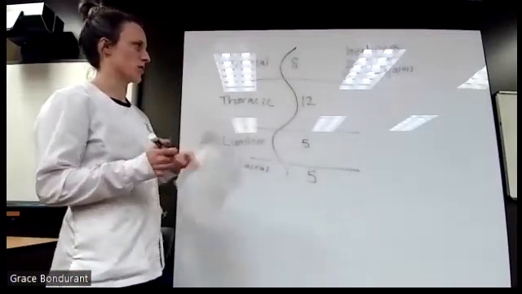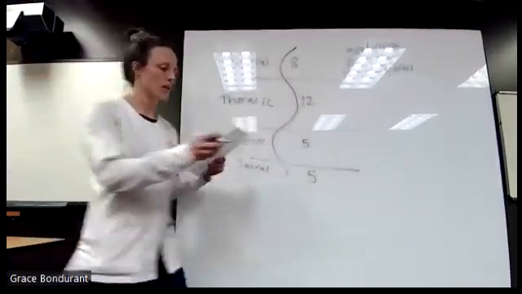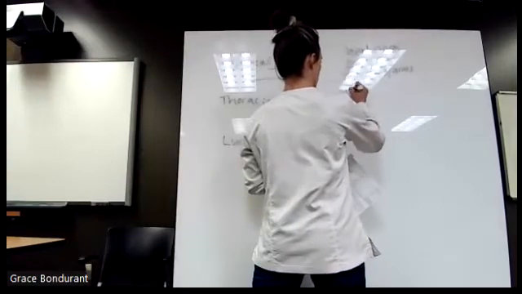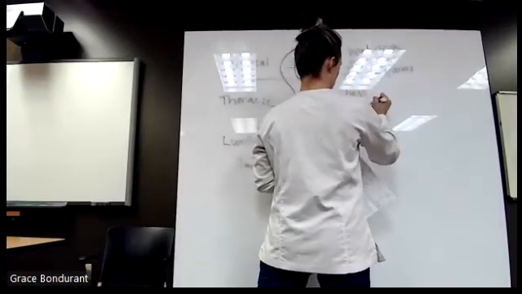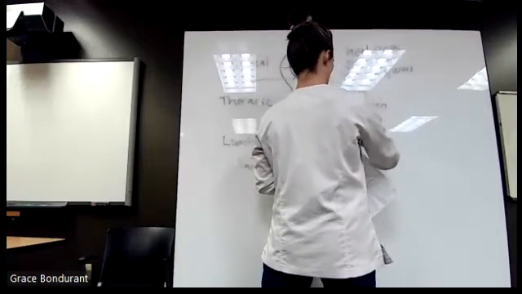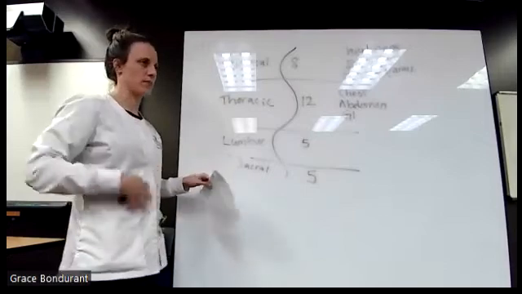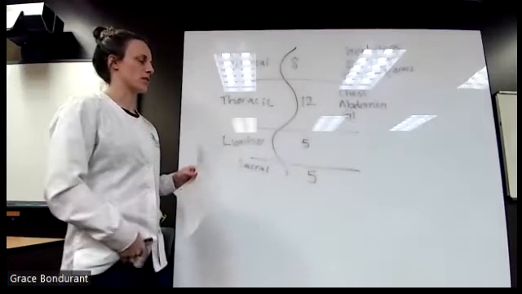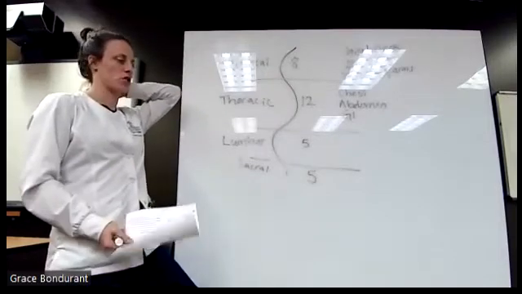Okay, thoracic. Do you know what this one innervates? Yeah, chest, abdomen, and GI. So why that matters is, what's in your abdomen? In the guts, yeah, like your intestines. So if this gets messed up, you could have some GI complications.